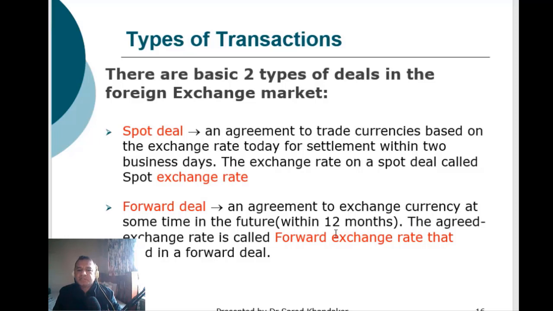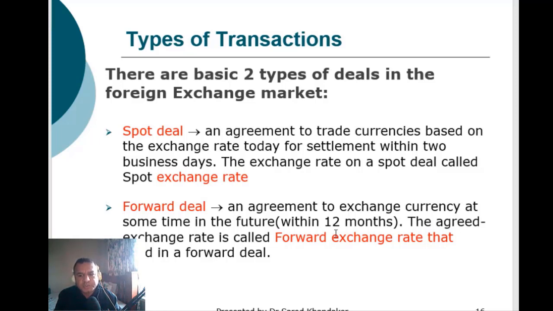Now, when we're talking about the cross rate or the international market transaction, we're talking about the different types of exchange rates. Generally, there are two basic types of deal in the foreign exchange market. One is called the spot deal, and the second one is called the forward deal. The spot deal is an arrangement to trade currencies based on the exchange rate today for the settlement within 2 business days. The exchange rate on the spot deal is called the spot exchange rate.